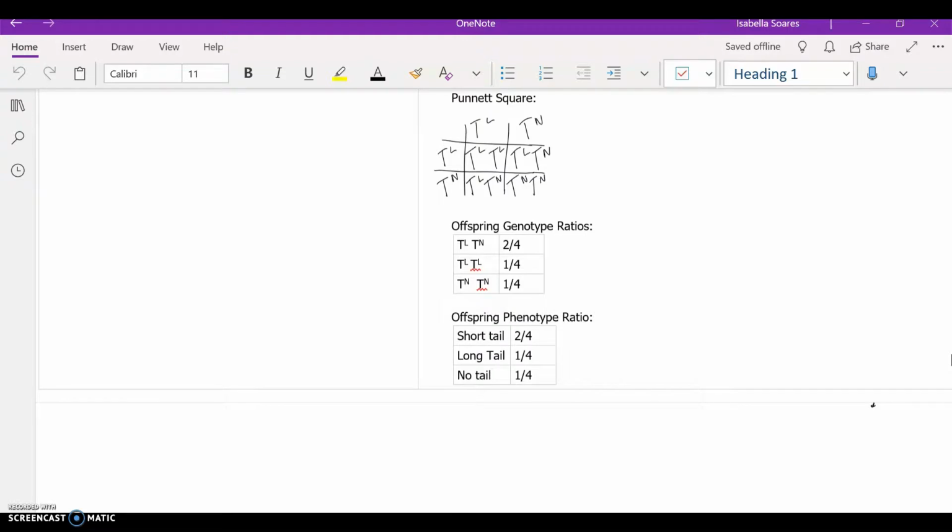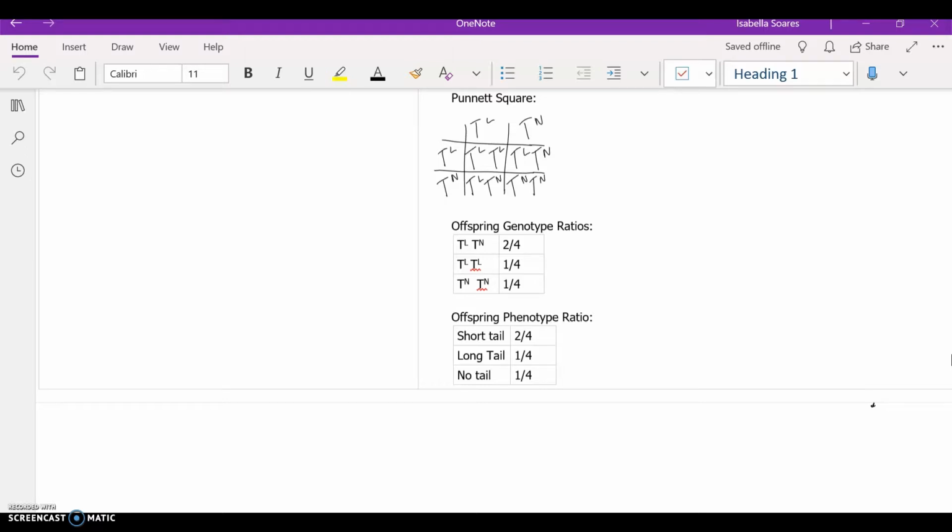The offspring genotype ratios resulted as capital T, capital L, capital T, capital N, 2 out of 4, capital T, capital L, capital T, capital L, 1 out of 4, and capital T, capital N, capital T, capital N, 1 out of 4.